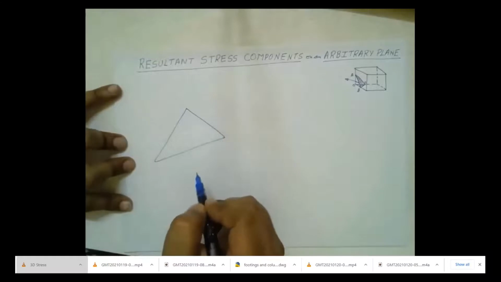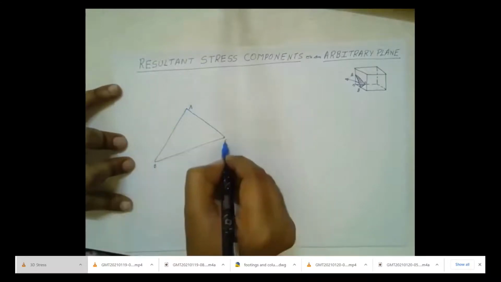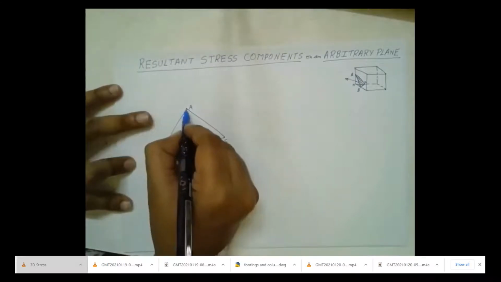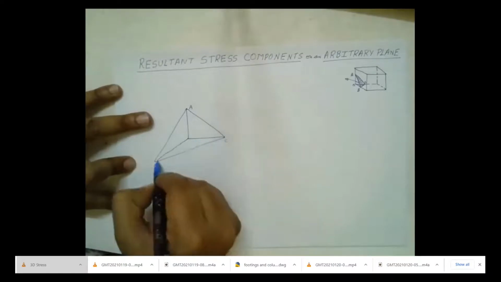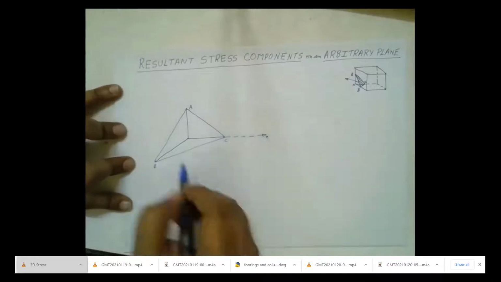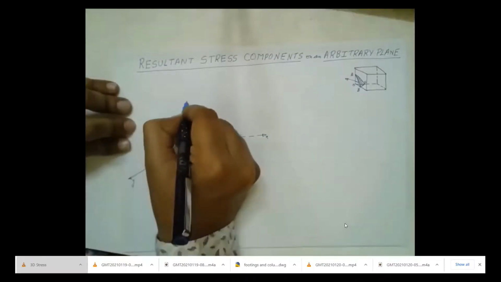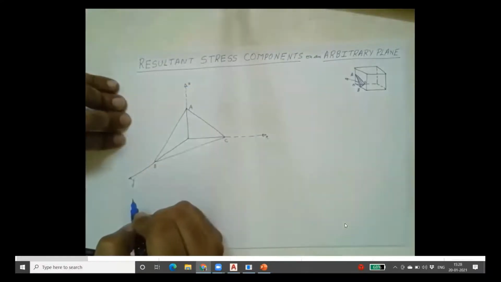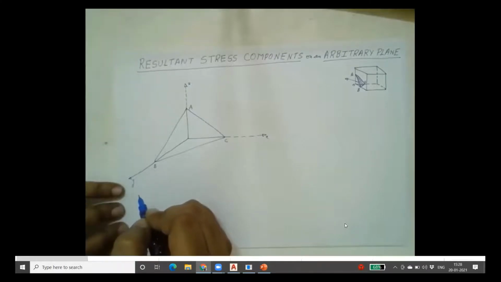Okay, now for this plane ABC, I have to derive the stress components. Now I will locate the origin. This is x-axis, this is y-axis, and this is z-axis. Okay, now due to the applied external forces, there will be stresses developed in this body.